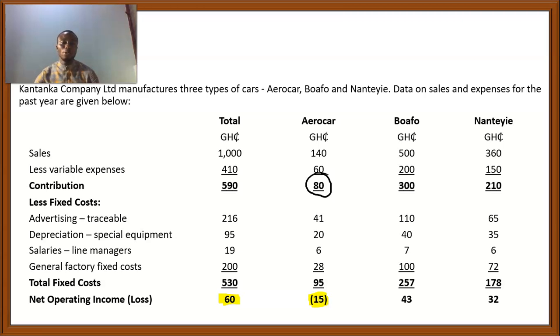If you say something is traceable, it means we can attribute it to a particular cost center, and so it is avoidable. It means that if we discontinue Eroka, we are not going to incur an advertising cost on Eroka. Then we have depreciation of special equipment. Depreciation is a sunk cost. It is not an avoidable cost.